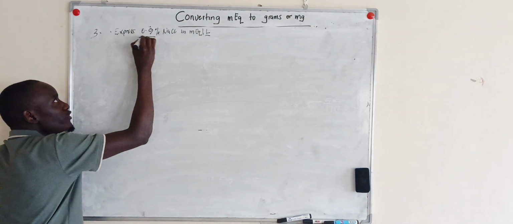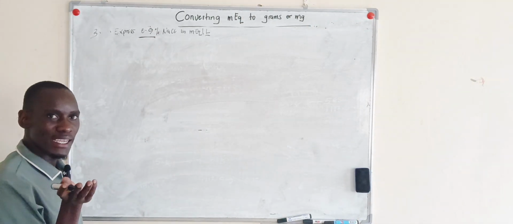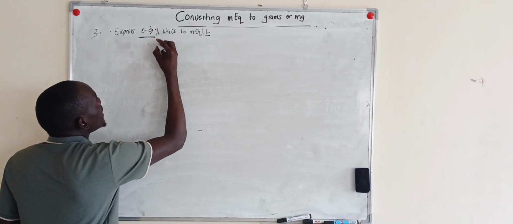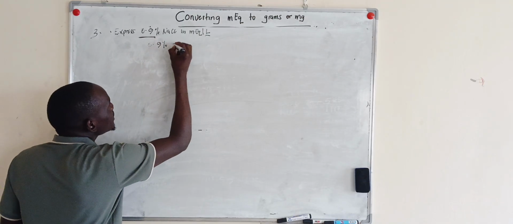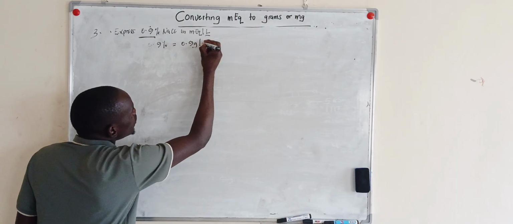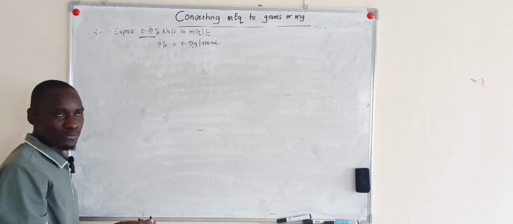And we need to know what 0.9% sodium chloride means. From our knowledge of dilution, when we say 0.9%, we simply mean we have 0.9 grams of sodium chloride in 100 mL of the solution.